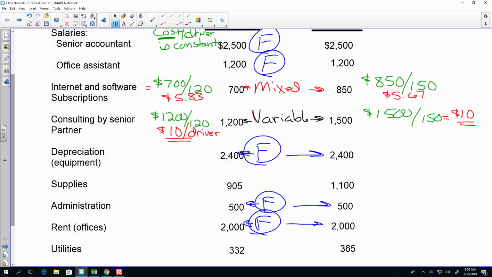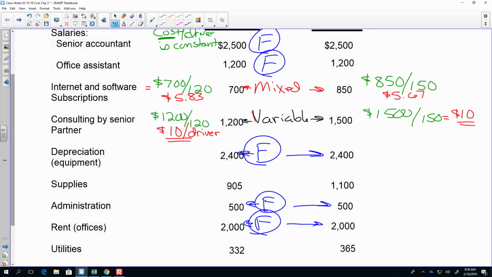So remember, why are we doing this? Why do I need to know my cost behaviors? Why are we doing chapter 3? Because it's in the syllabus? No. Why are we doing it? Forecasting, budgeting, exactly.